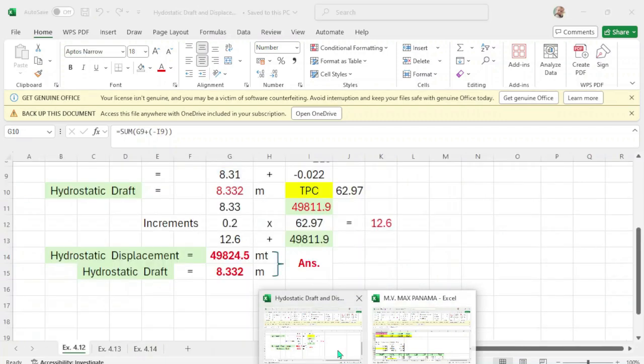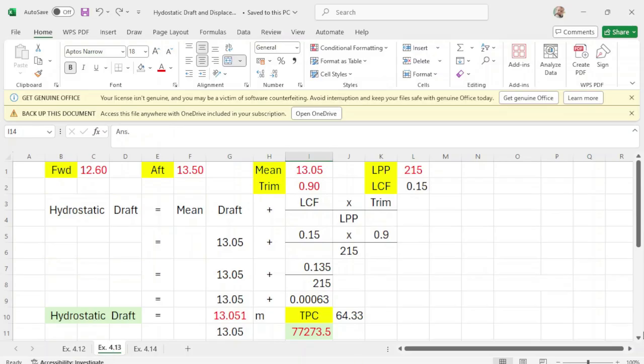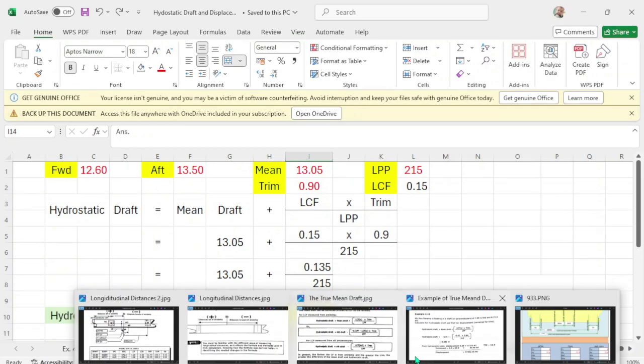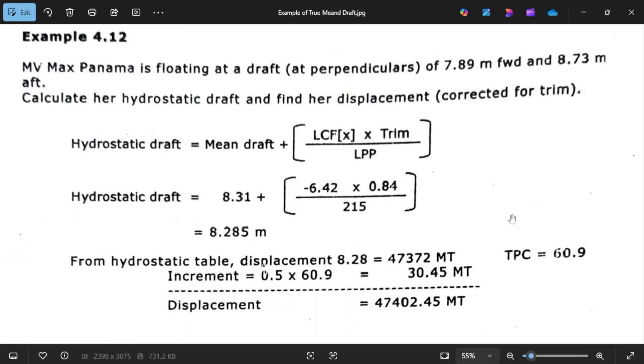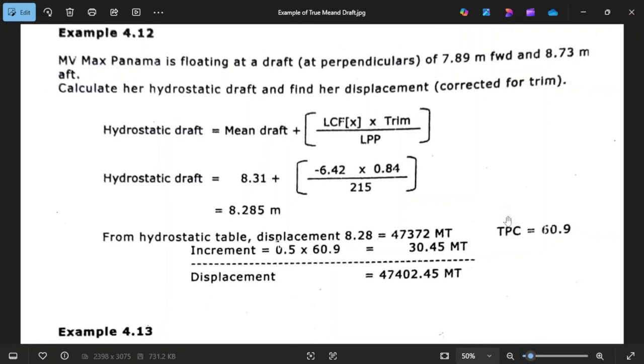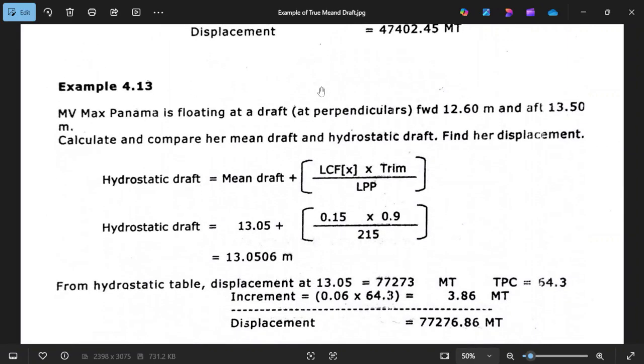Then we now go to the second, which is 4.3. Okay, so we go to 4.3. What's 4.3? Here. So 4.3, the same vessel, Panamax, is floating at draft perpendicular of forward 12.60, aft 13.5.